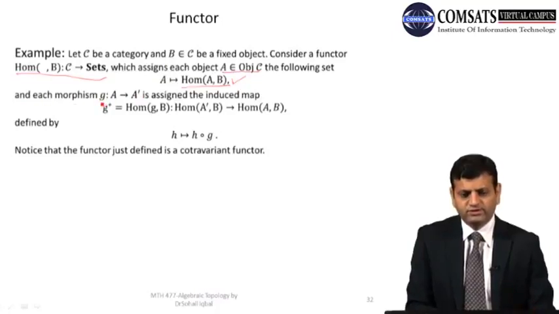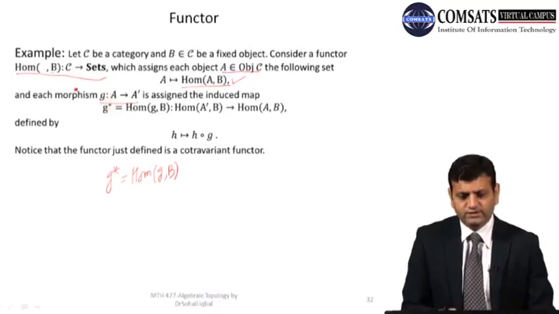For each morphism G from A to A prime, we define the following image, Hom(G, B), which we can also denote by G upper star. How do we define this G upper star, the image of G under this Hom functor?